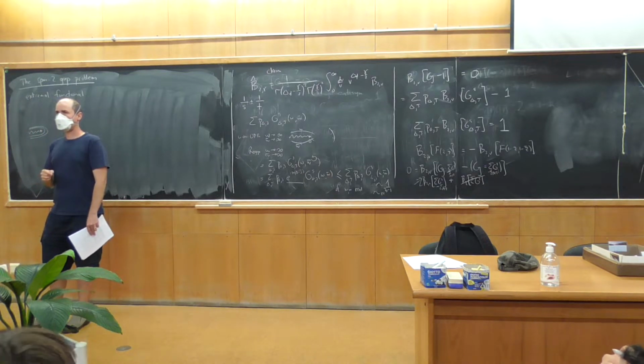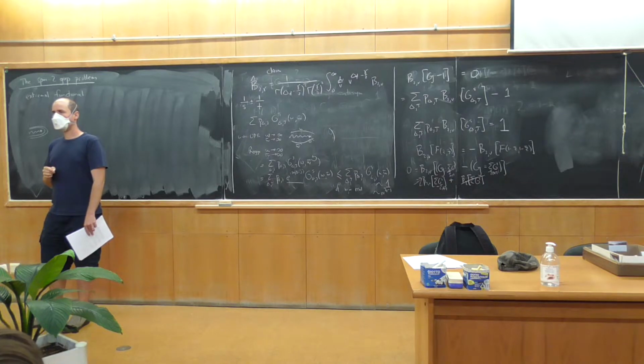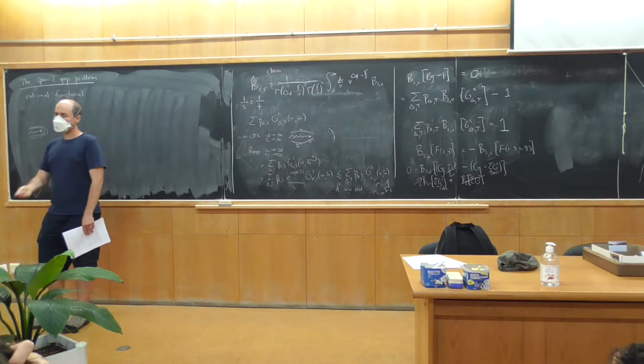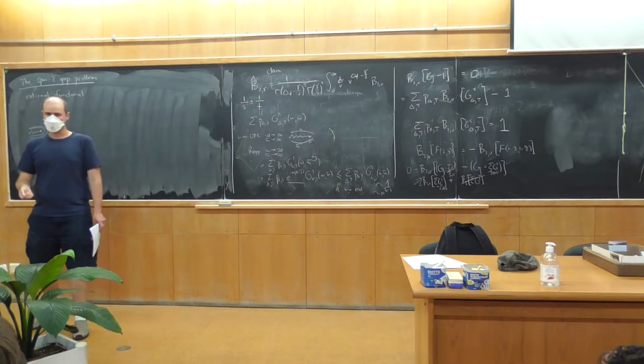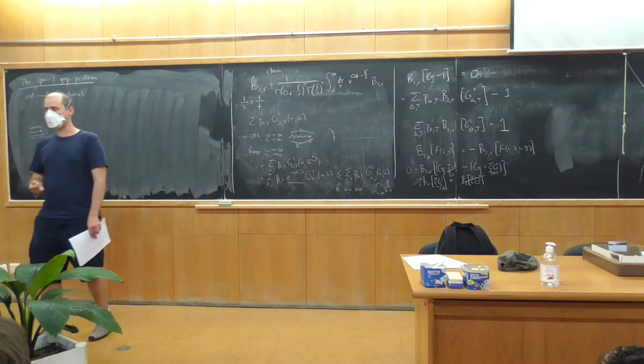From the S and T point of view, it's perfectly fine. You just don't know how they behave. You don't cross any cuts from the S and T point of view. You just don't know what the asymptotic behavior is. Yeah, that's right. What is it in perturbation theory? In perturbation theory, yeah, that's a good question. I think it's clear that it's controlled by the U channel.